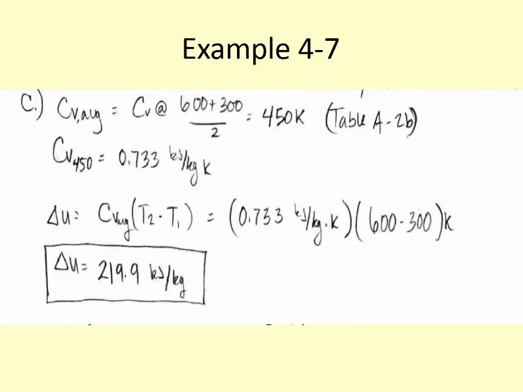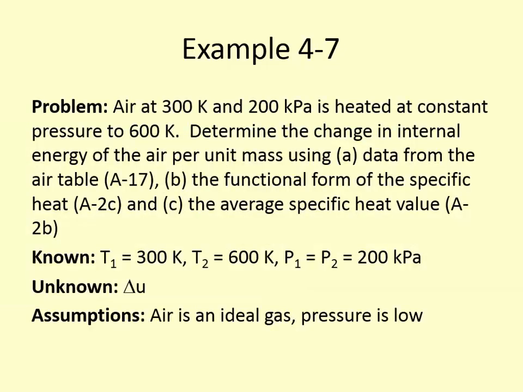So if we put in the numbers for that, 0.733 kilojoules per kilogram Kelvin multiplied by 600 minus 300 Kelvin, and we get 219.9 kilojoules per kilogram. Okay, so we've completed 3 different methods to find our change in internal energy for the ideal gas given the temperatures.